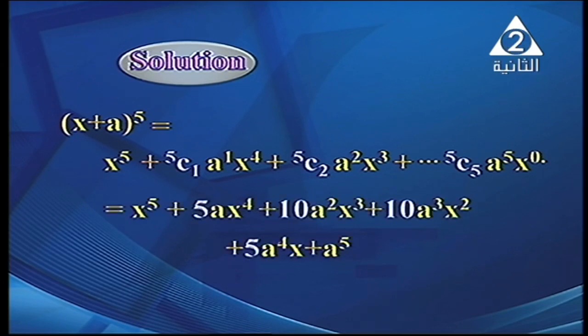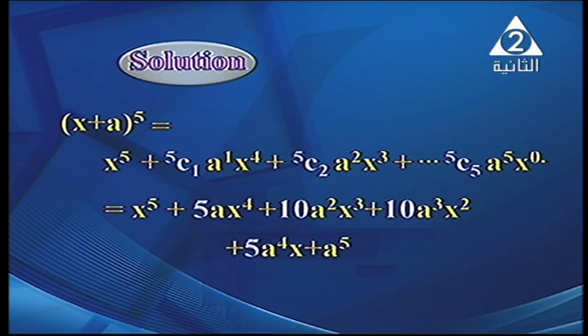Then the answer is x power 5, plus 5a x power 4, plus 10a power 2, x power 3, plus 10a power 3, x power 2, plus 5a power 4, x power 1, plus a power 5. Remember, my dear student, the power of x is descending.